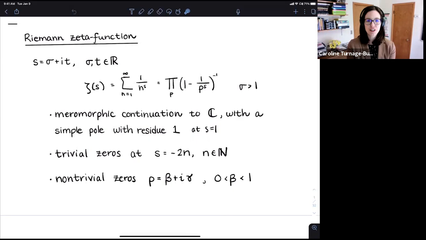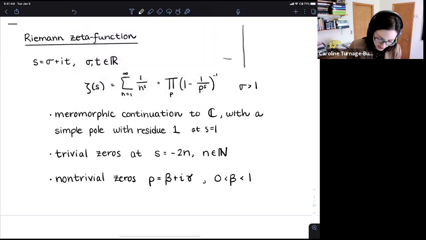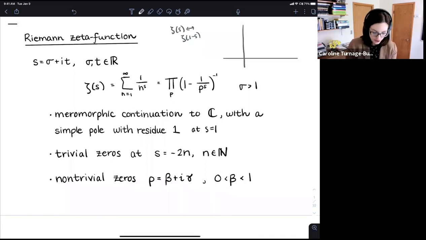There's a functional equation that relates zeta of s to zeta of 1 minus s. And so through the functional equation, you can find that there are zeros of the zeta function at the negative even integers. We call these trivial because as soon as you know a little bit more about the zeta function, you can find them, no problem.